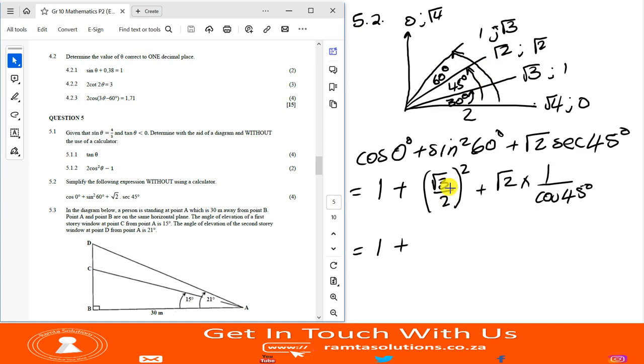1 plus, square root times square root kills the square root and it'll be the number under the square root if it's the same numbers. So it'll be 3 over 2 squared, which is 4, plus 2 times 1 over square root of 2 over 2. I'm sorry this is a laborious exercise, but it's okay.